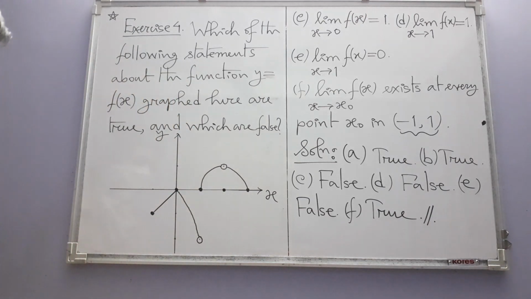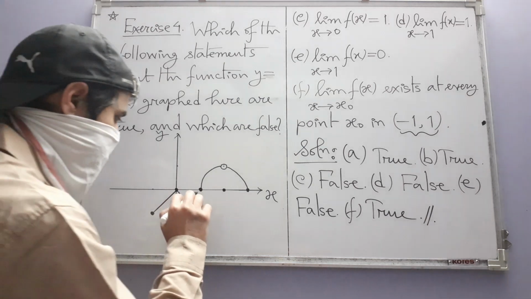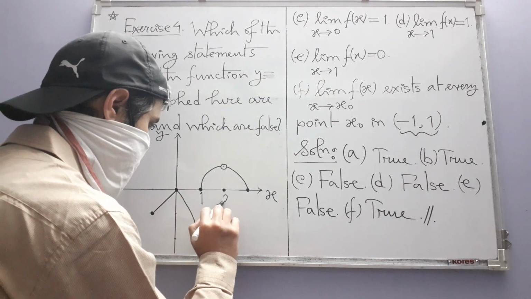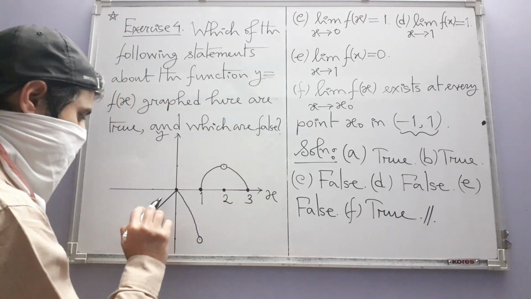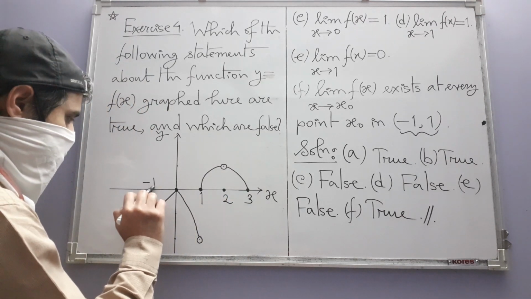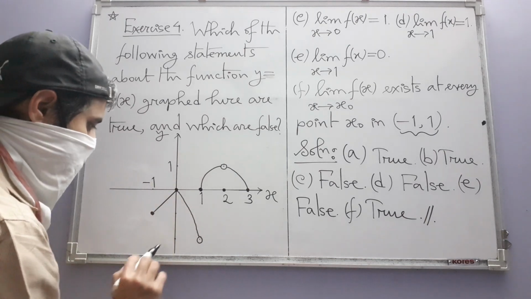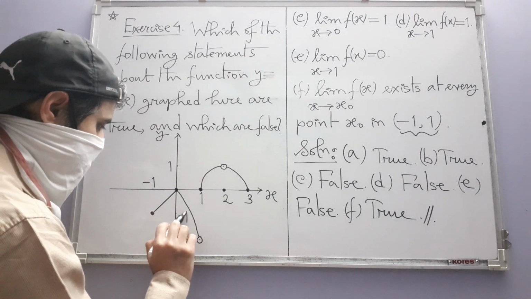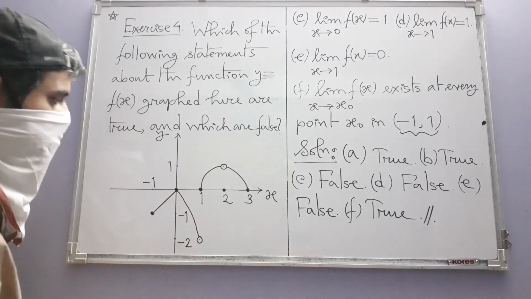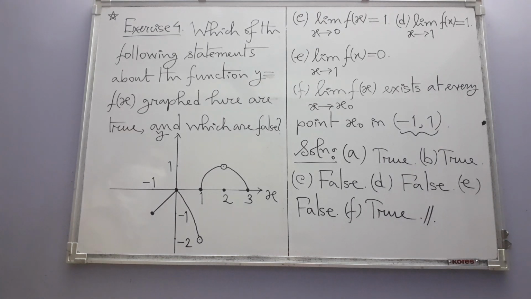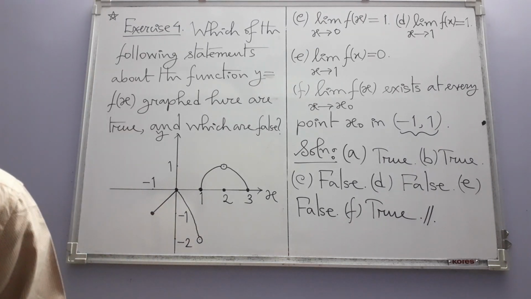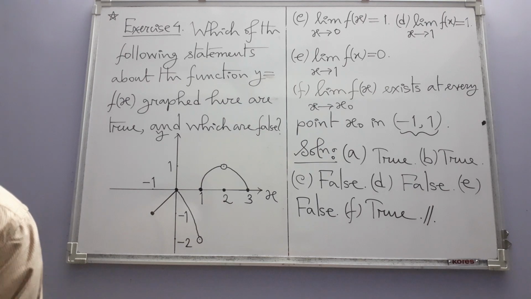So this is a single point, that's a part of the graph. So this is our graph. 1, 2, 3, -1, 1, -1, -2. And now what are the statements about limits?